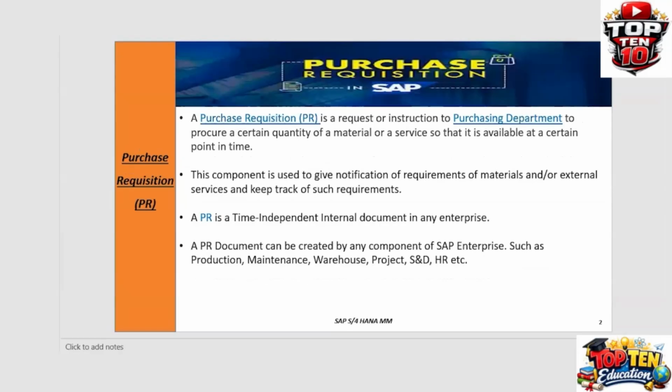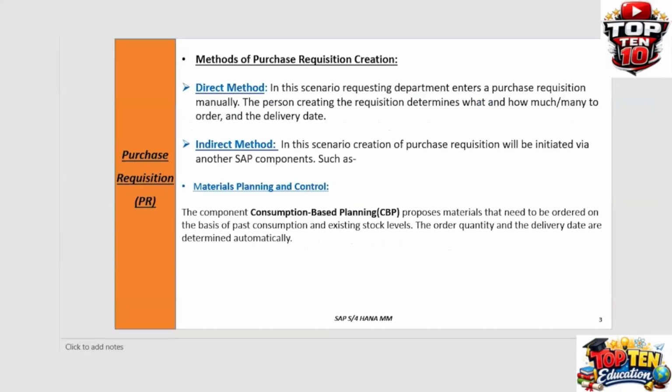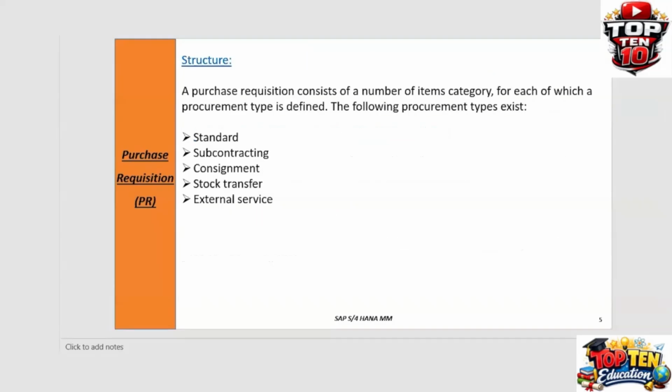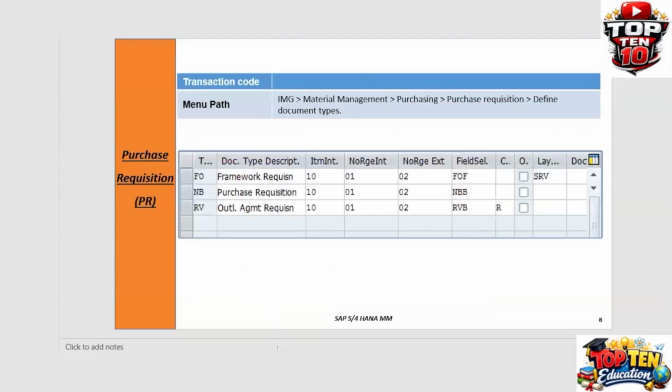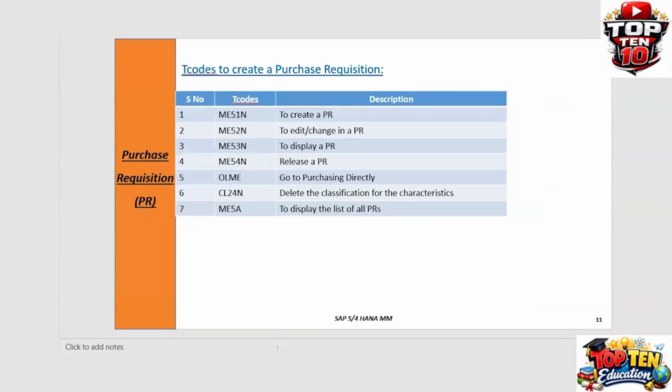Second thing, yesterday I started from here. First, I discussed the procurement to pay cycle. That is completely in the recorded video. Then the first document I took was purchase requisition, its configuration part: number range, document type, field selection key. Then the end user part.